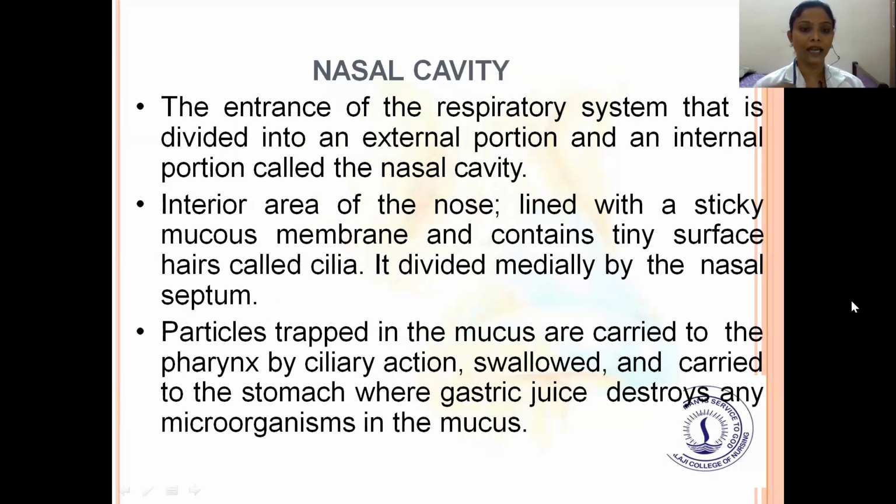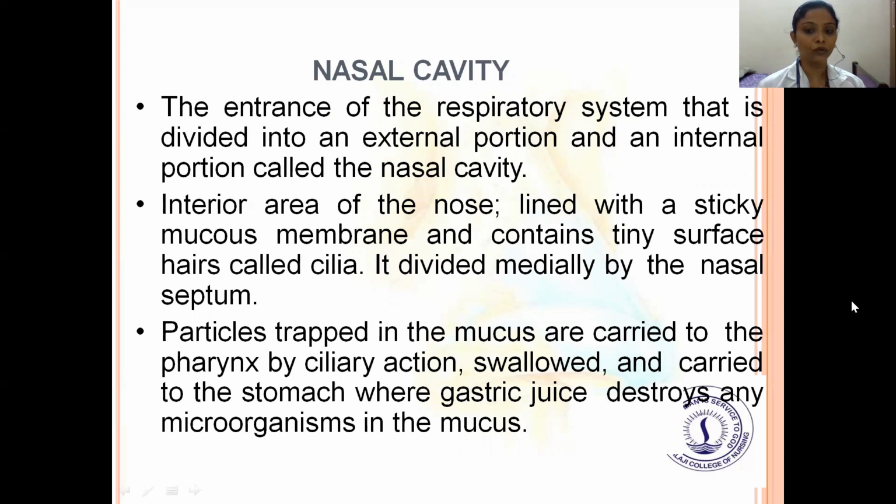And next is the nasal cavity, the entrance of the respiratory system, divided into an external portion and an internal portion. The interior area of the nose is lined by a sticky mucous membrane and contains tiny surface hairs called cilia. It is divided medially by the nasal septum.